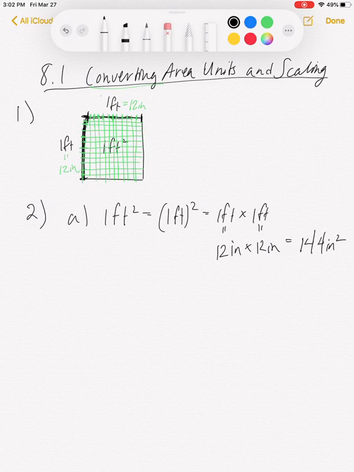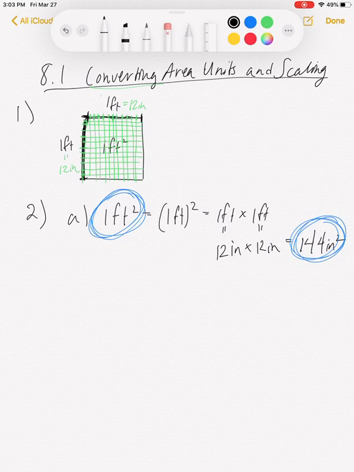Okay. Well, the key is that this is the conversion. When we convert area units, we use conversion factors. The relationship is that 1 square foot is equal to 144 square inches. Okay. So that's the key. Well, where did that 144 come from? You might be thinking, I thought 12 inches were in a foot.